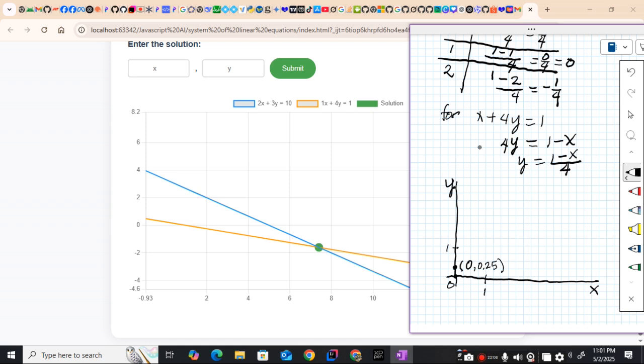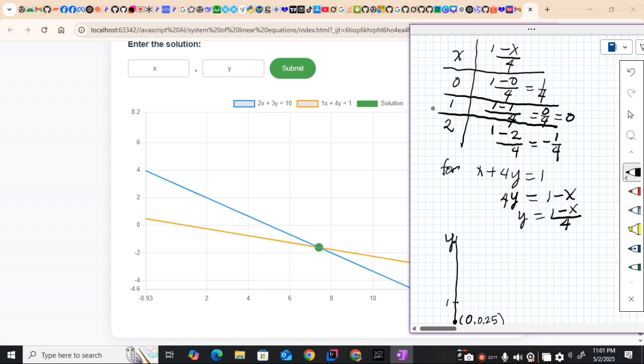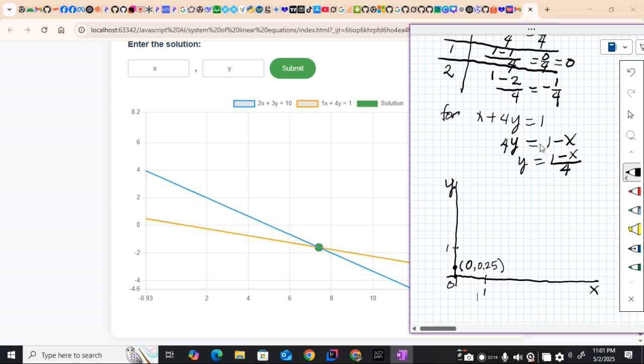We need the second point. The second point is 1 and 0. So let's locate that. This one is 1, and our point is 0 for y. So this is 1 and 0. Okay, so we can connect that.